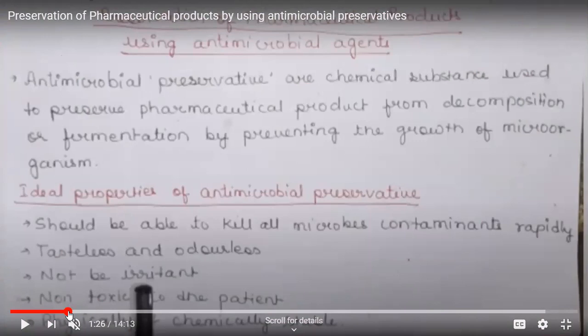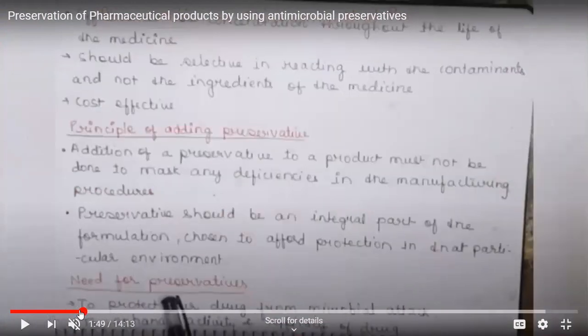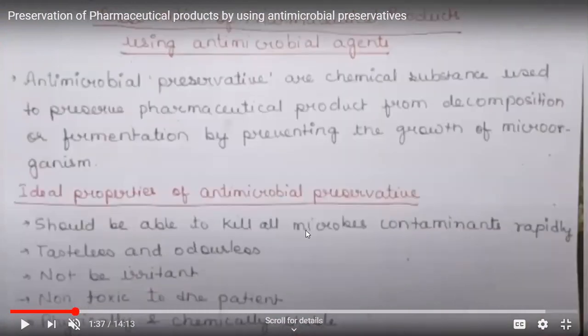Ideal properties or characteristics of an antimicrobial preservative: it should be able to kill all the microorganisms. It should be tasteless, odorless. It should not be irritant. It should be non-toxic to the patient. It should be physically and chemically stable.